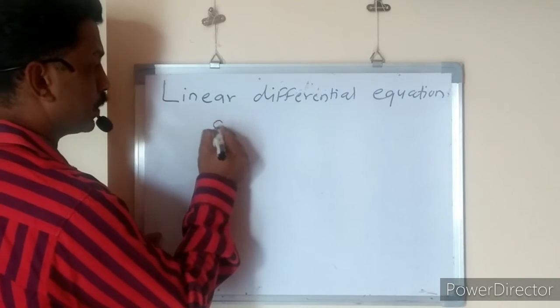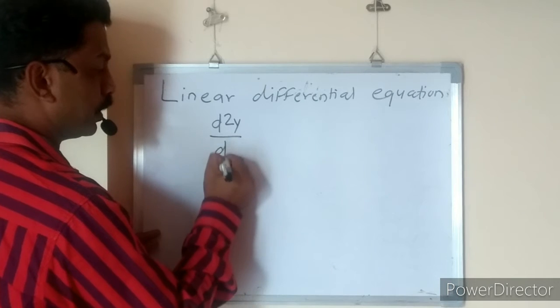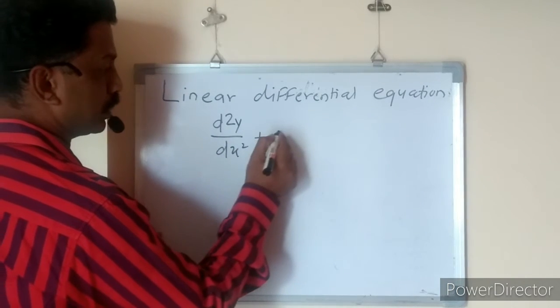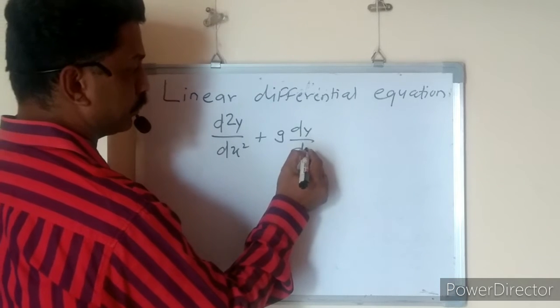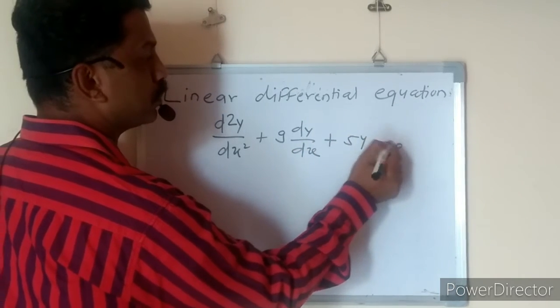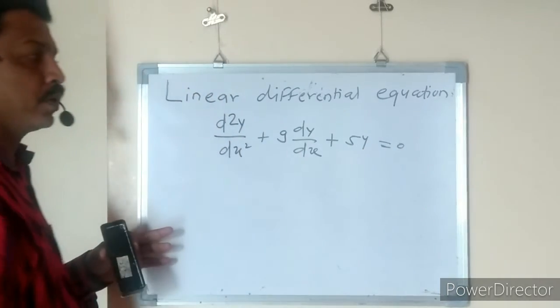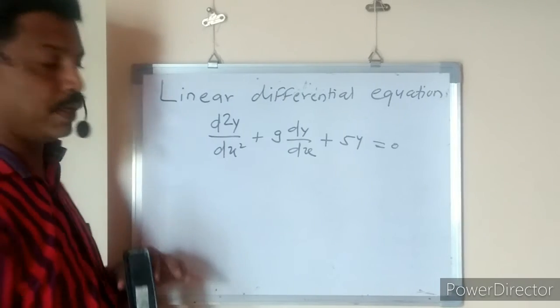So first we take one example: d2y by dx square plus 9 dy by dx plus 5y equal to 0. Now which is the dependent variable and which is the independent variable?